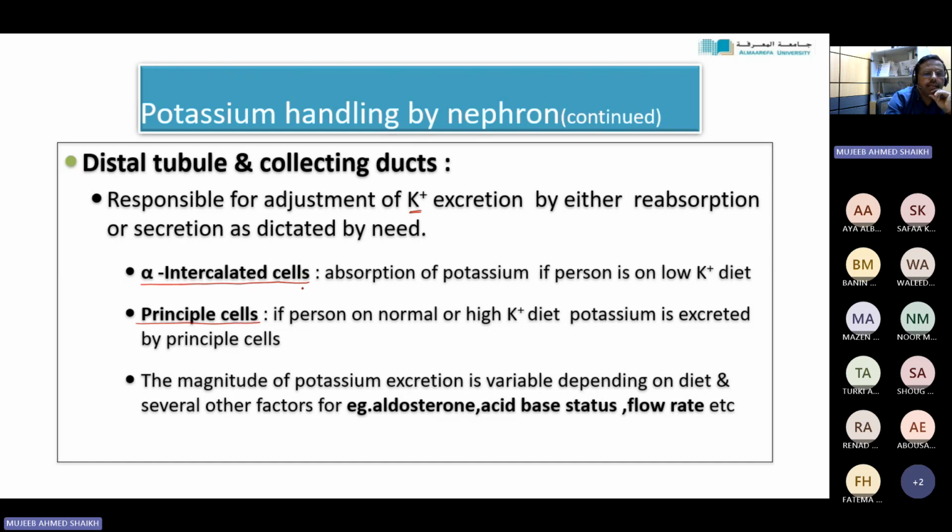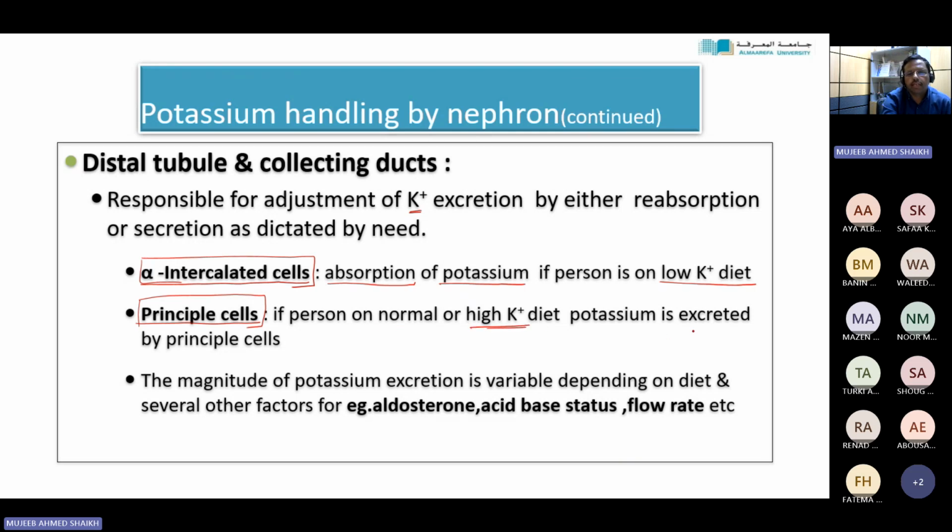What will alpha intercalated cells do? They are responsible for absorption of potassium when the person's dietary potassium is low. When a person is eating a low potassium diet, potassium will be absorbed by the alpha intercalated cells. Whereas the other type of cell in the DCT and CT, the principal cells, will excrete potassium if the person is on a high potassium diet.